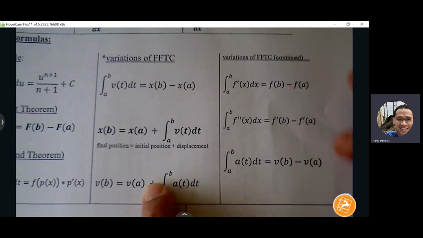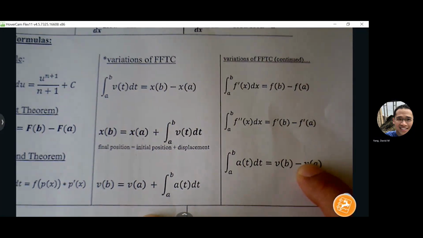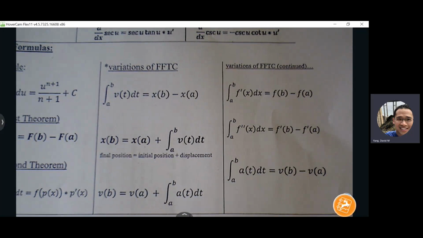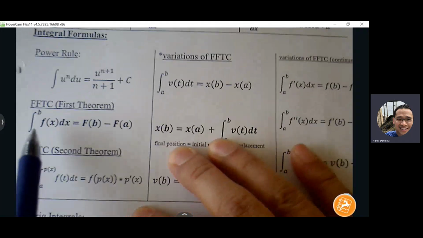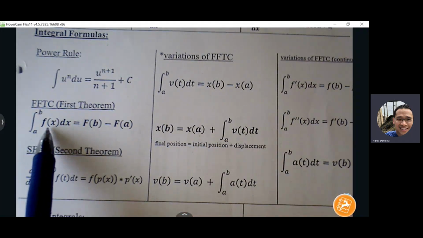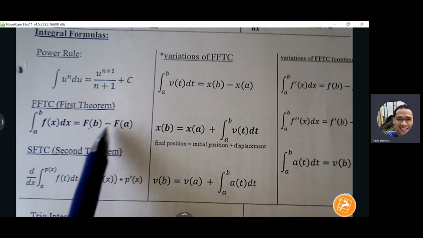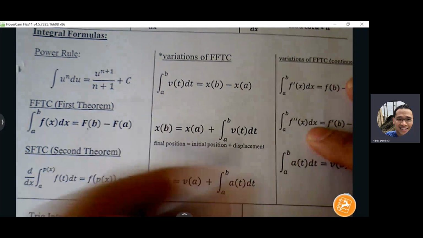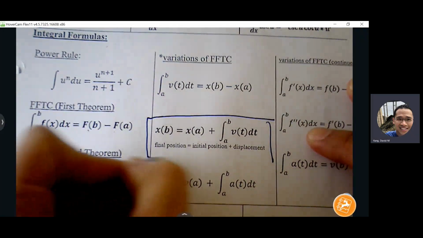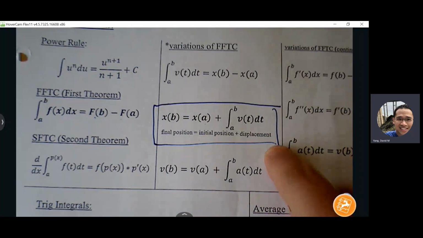There are all these variations of the fundamental theorem that we want to be familiar with, but they're all based off the same thing. They're just saying that a definite integral of a function is the antiderivative of b minus antiderivative of a.